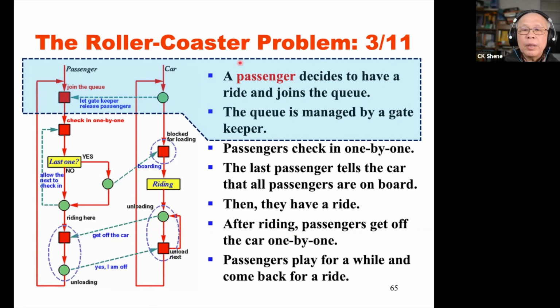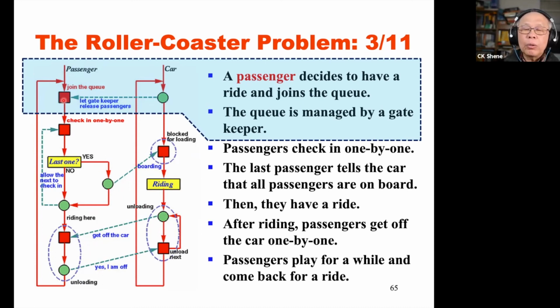So a passenger makes a decision, I want to take a ride, and joins the queue. And this queue is managed by a gatekeeper, which can be considered as a semaphore. This part is pretty easy because you just set the semaphore value to 1, allowing one to go or something.